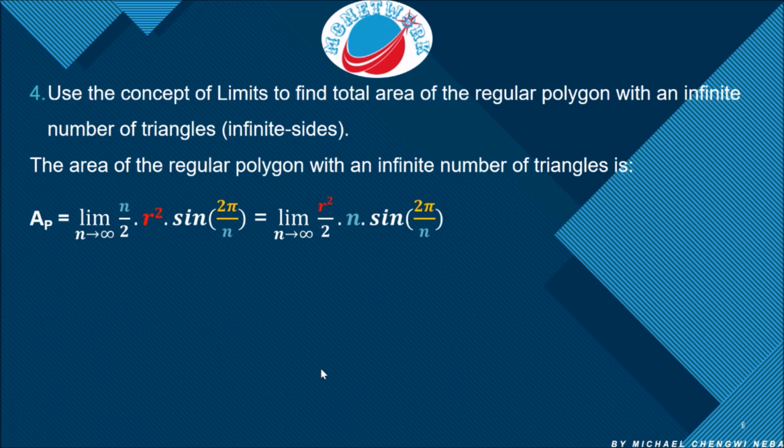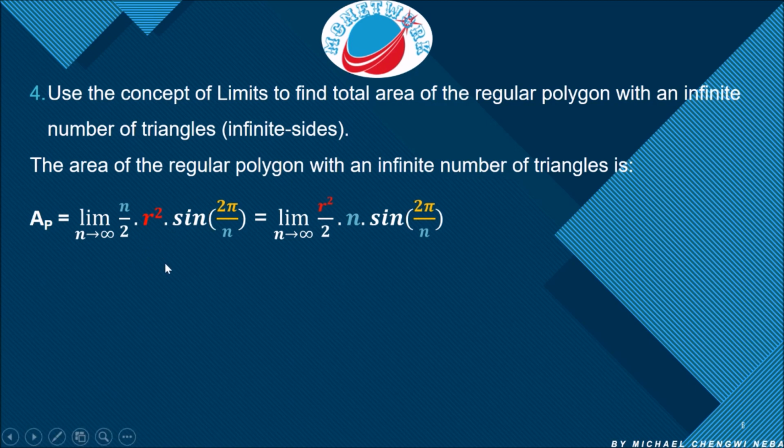Since we cannot reach infinity, we will be looking at the limit as n is approaching infinity of the area of that regular polygon with n sides. So we use the limit concept, and this is what you are going to have as the mathematical representation of what we explained previously.